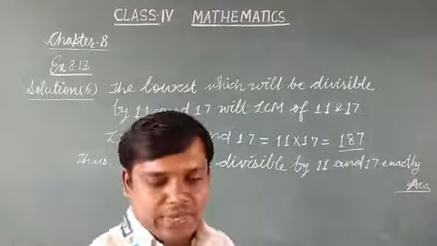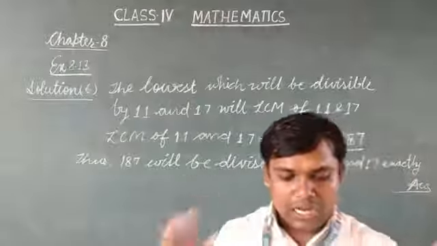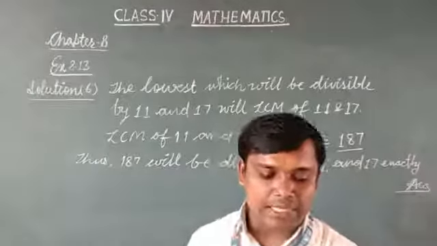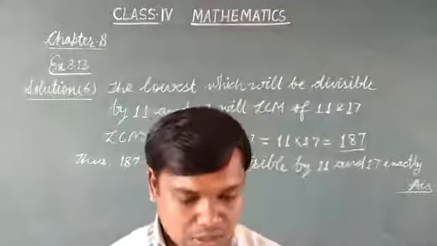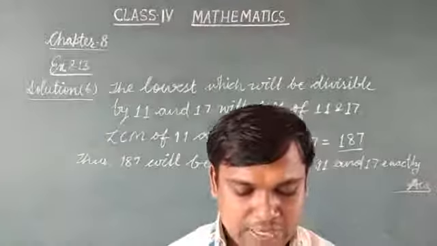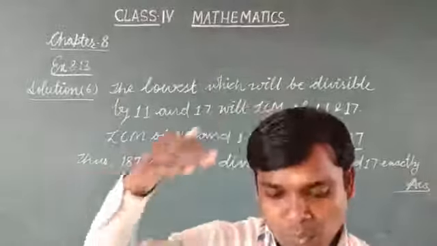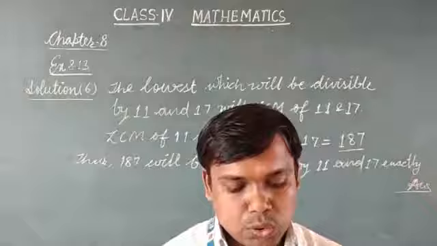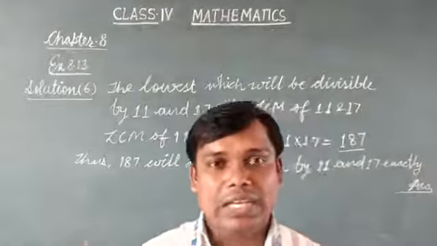Now the last question we have. Find the highest number that can divide 184 and 327 after adding 4 and 2 to them respectively.